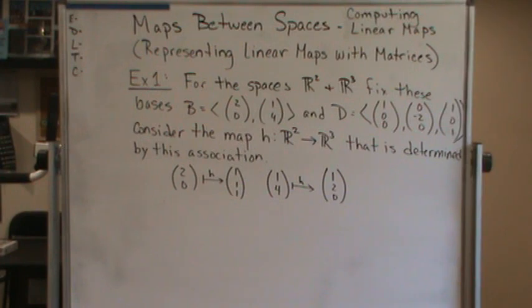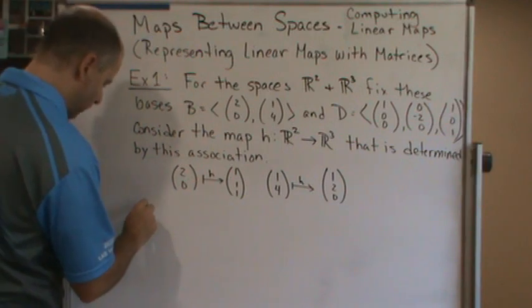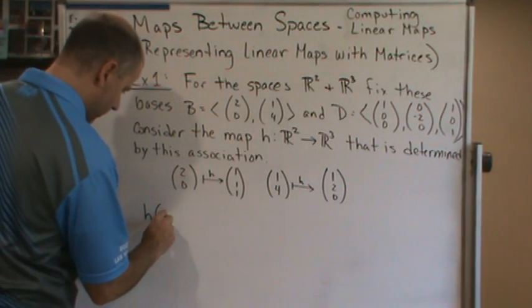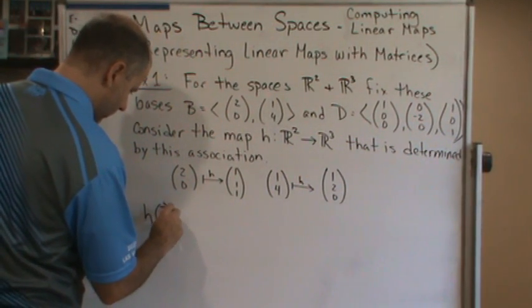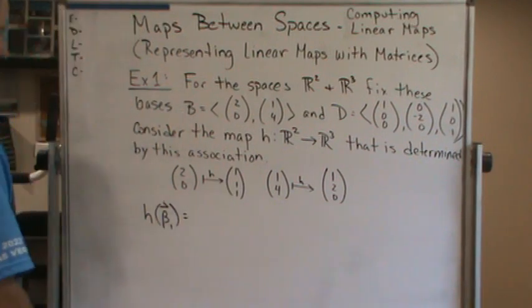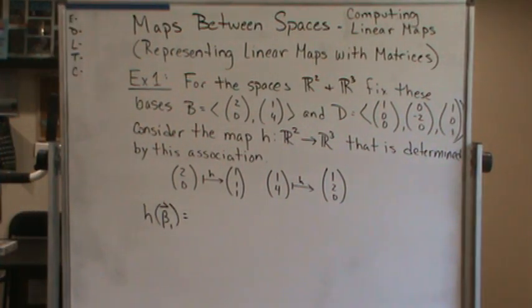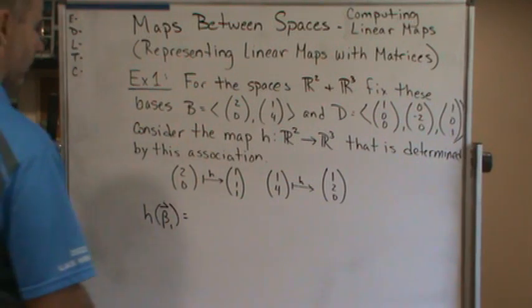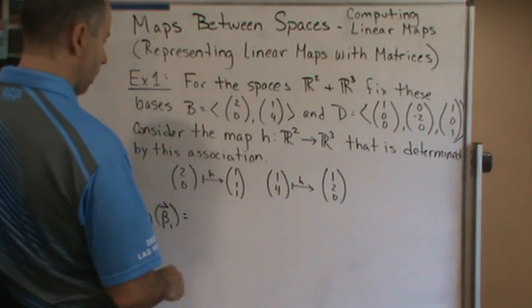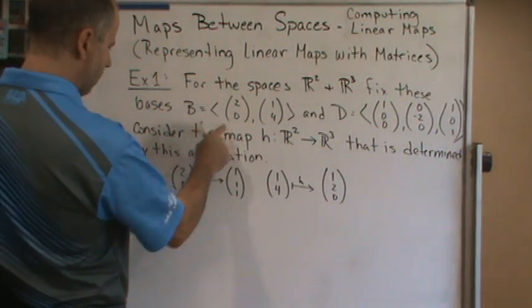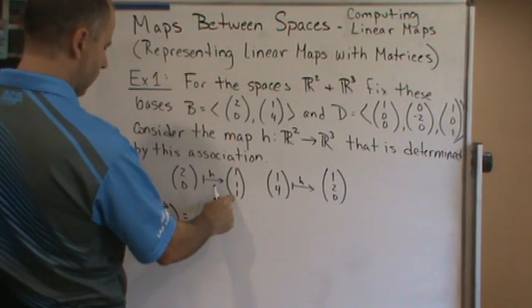In order to compute that, we're going to first represent the vector h of beta sub 1. Okay, so let's look at h of beta sub 1. So here's the action.